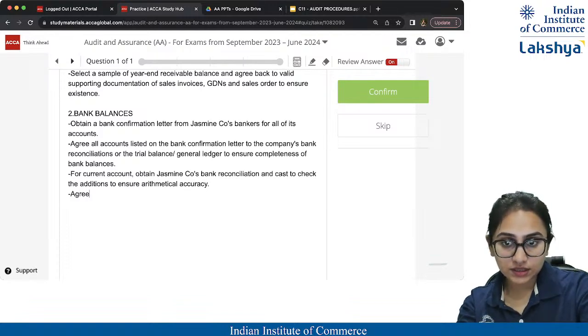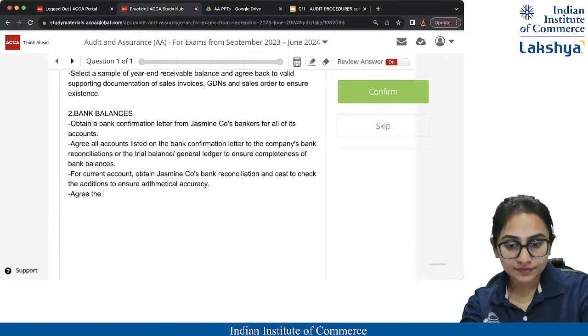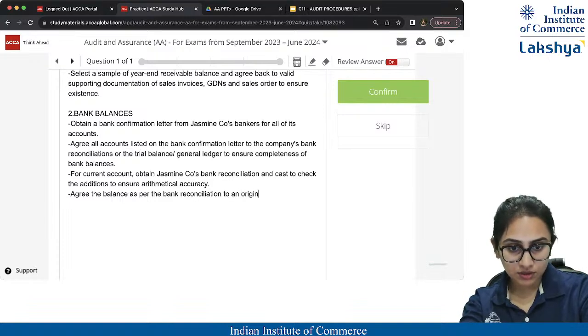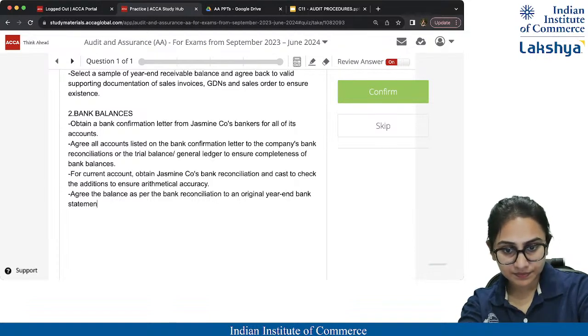So agree the balance as per the bank reconciliation to an original year-end bank statement and to the bank confirmation letter.